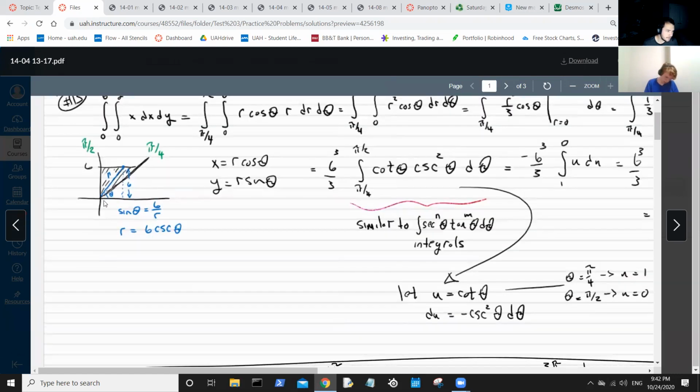He takes his r, which initially starts out as the line y equals x, and then he shifts it, and then he has to find the changing theta, or a relation here. He has some arbitrary height, which will remain constant since it's a horizontal line here. And then he says 6 over r is sine theta. So it's opposite over hypotenuse.